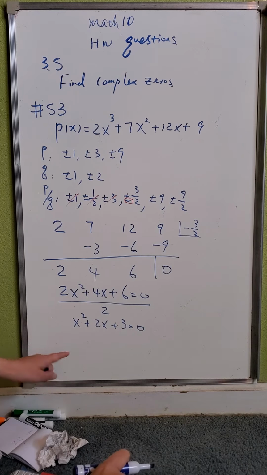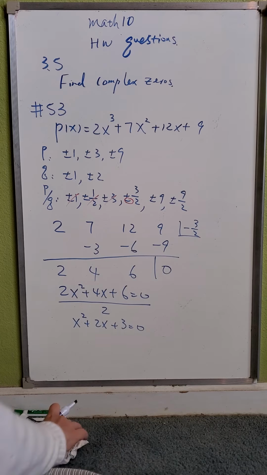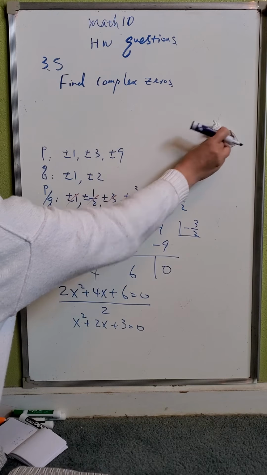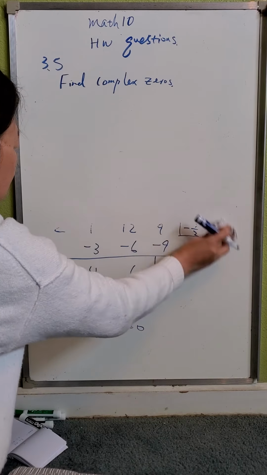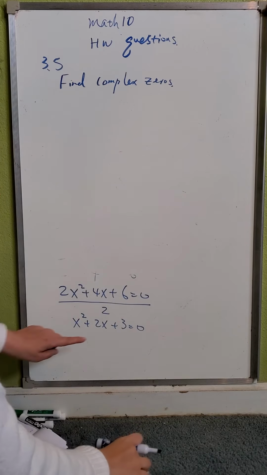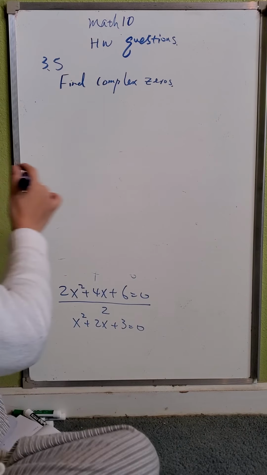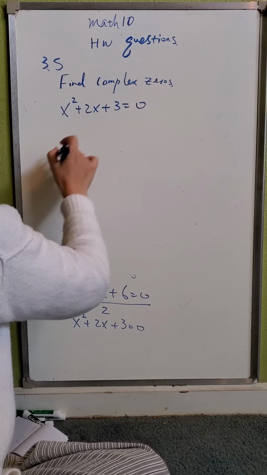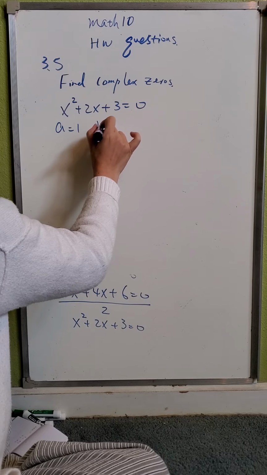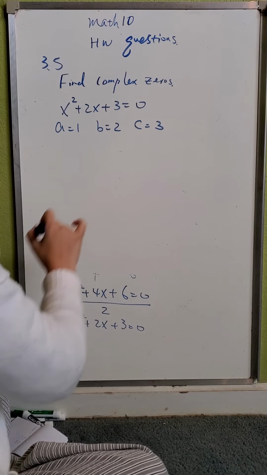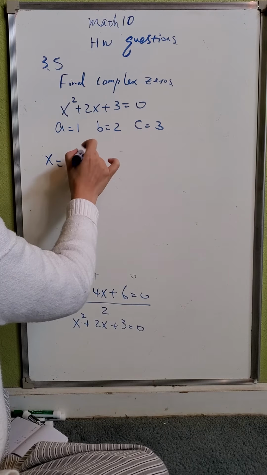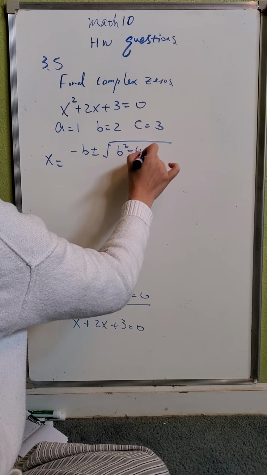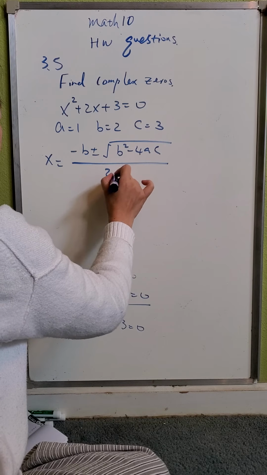This one cannot be factored, but we can use the quadratic formula. Okay, so I'm going to continue here, since I need more room. To use the quadratic formula, a is equal to 1, b is equal to 2, c equals 3. And then x equals negative b plus or minus the square root of b squared minus 4ac, over 2a.